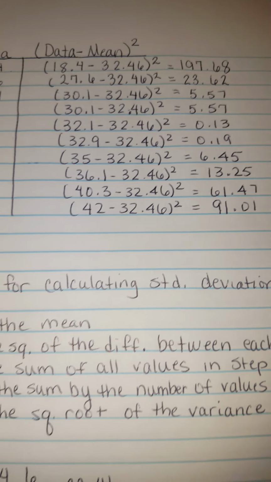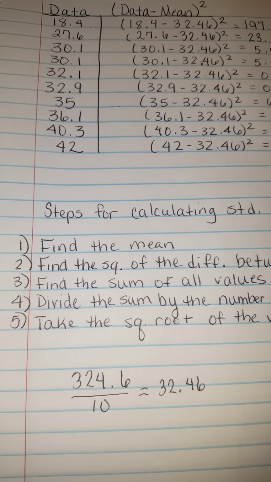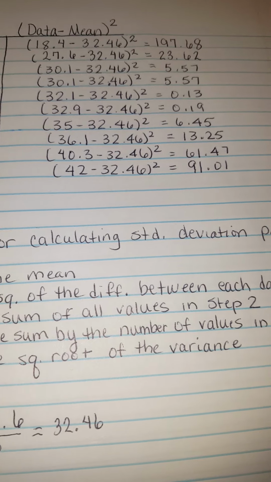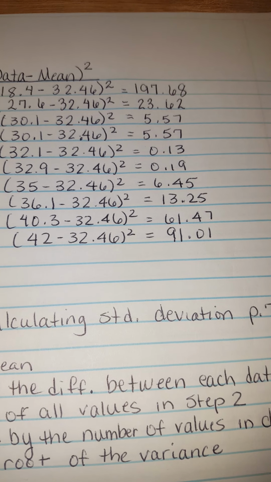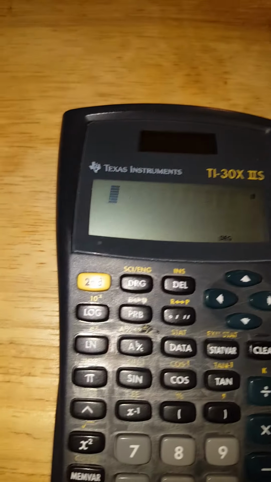Now let's move on to step 3. Step 3 says to find the sum of all values in step 2. So I'm going to add up these values through my calculator.